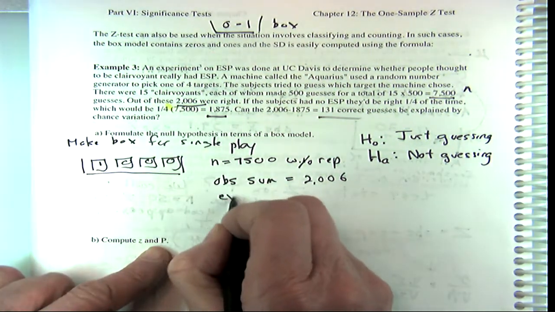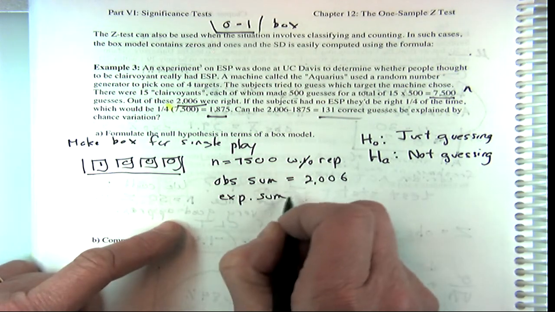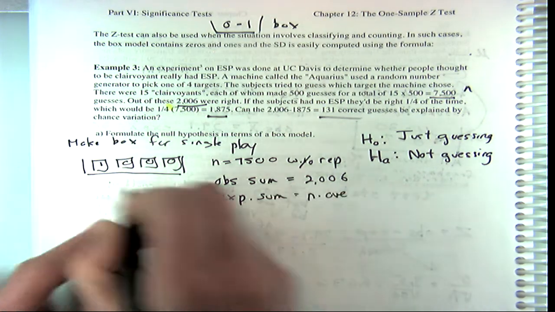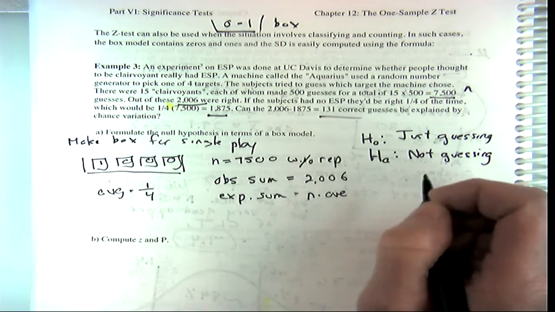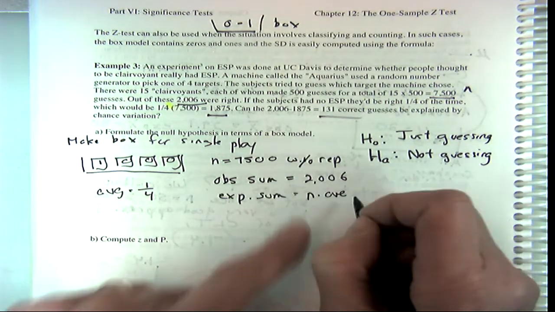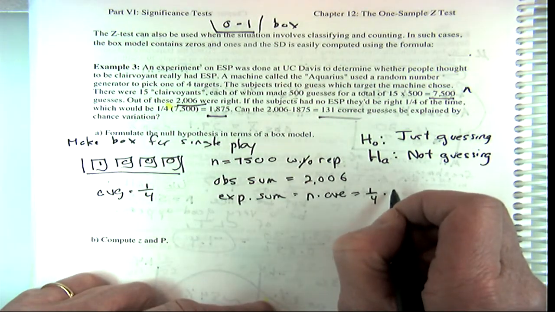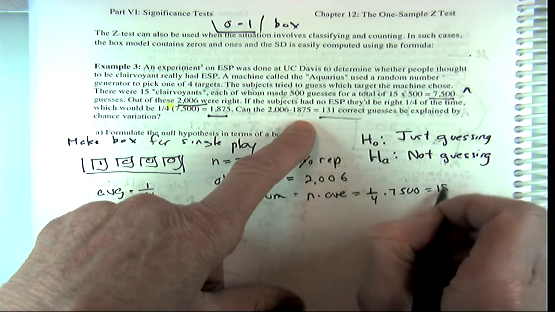Our expected sum is n times the average of the box, because it's for sums. So we have 1/4 times 7,500, and that's how we got 1875.